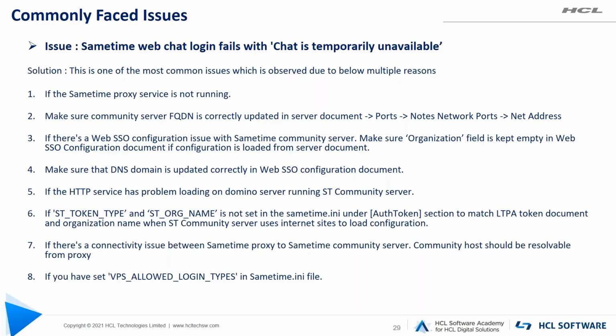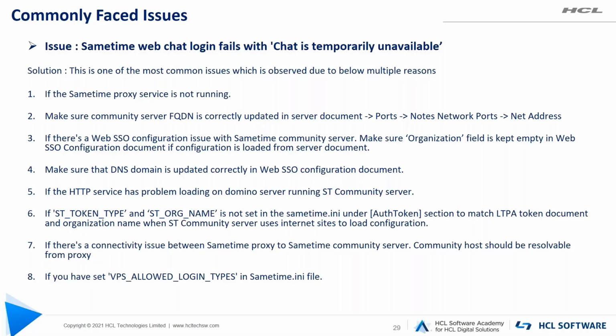Ideally this should be updated correctly when you configure your Domino server. If it is not done, go ahead and update the FQDN for your community server correctly, save and close the server document, and restart the community server for the port change to take effect.